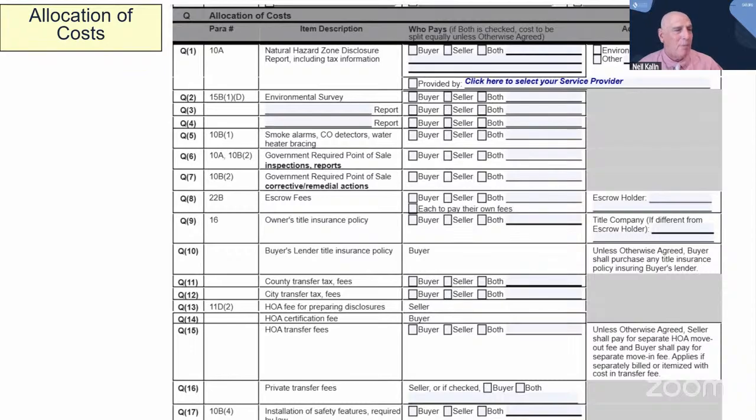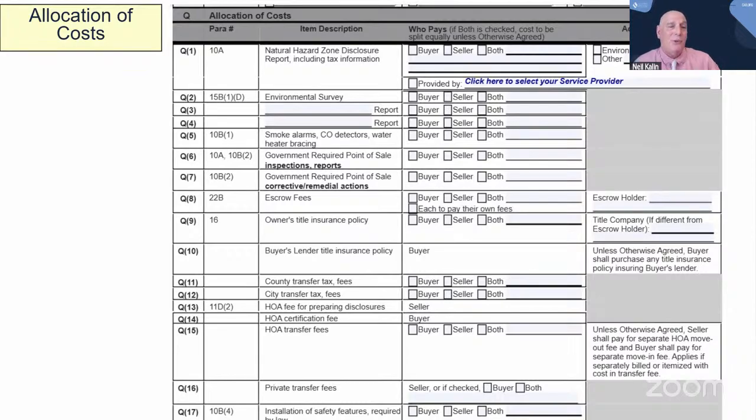You notice we have a both column there. And at the very top, I know it's a little bit difficult to see because we've got grayed rows there, but it says if both is checked, the cost to be split equally unless there's another agreement. So you could put both, and you could put 60-40 or 70-30 or 80-20 if you want. But if you just check both, that means both buyer and seller are going to split that cost equally.